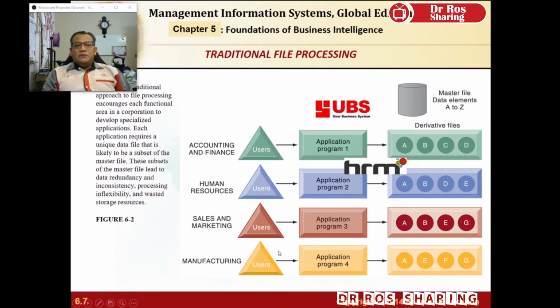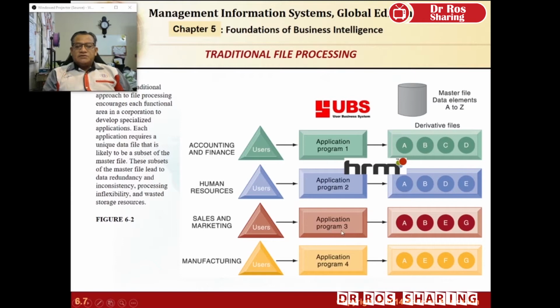However, if we transfer this into a traditional file by using a software, accounting software like a UBS, user business system, we could keep this approach in a more integrated manner. So in which application program 1, UBS, is keeping data, and application program number 2 also is keeping data for human resource.